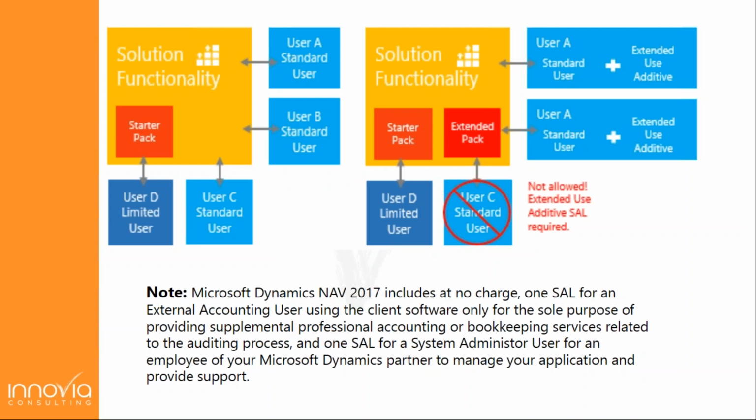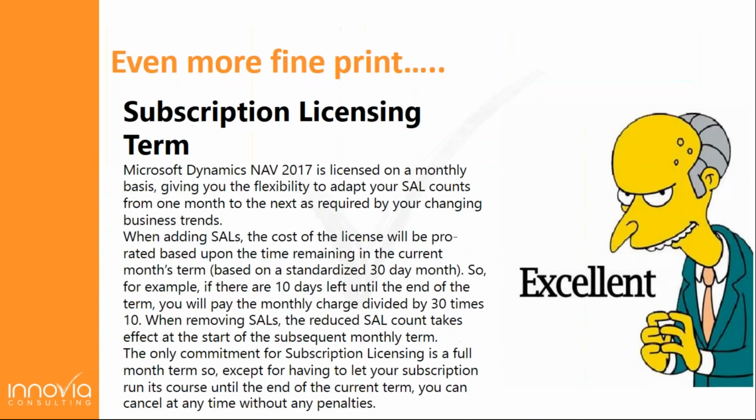That's actually included. So you get essentially two users, one for an external bookkeeper and one for a system admin, that you don't need to purchase. But again, those users can't be in the system posting anything. They're provided for a specific purpose and shouldn't be used for getting around or trying to reduce the number of users that you want to pay for.